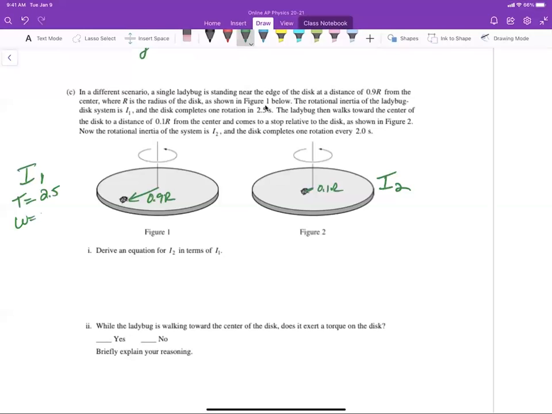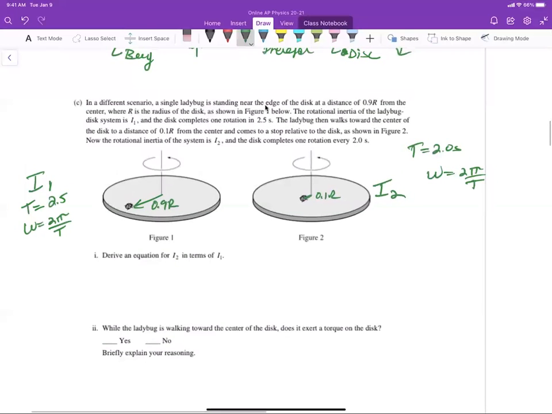If you look on your sheet, its angular velocity is 2 pi over T. And over here, they told us that its period was 2 seconds, 2 pi over T. Okay. Now, derive an equation for I2 in terms of I1. We know that the momentum initial has to equal momentum final.